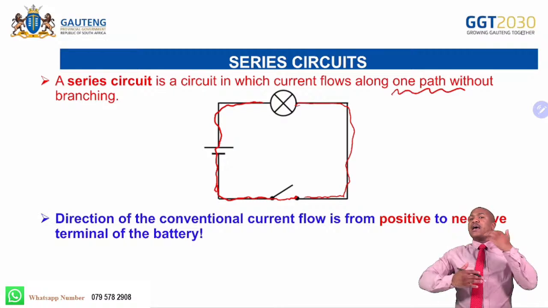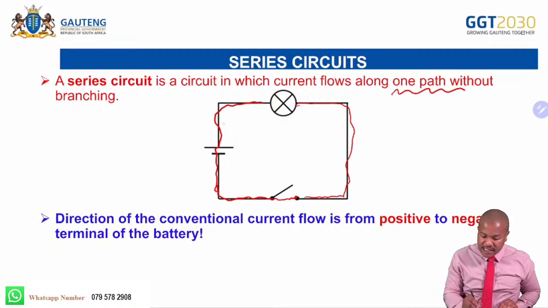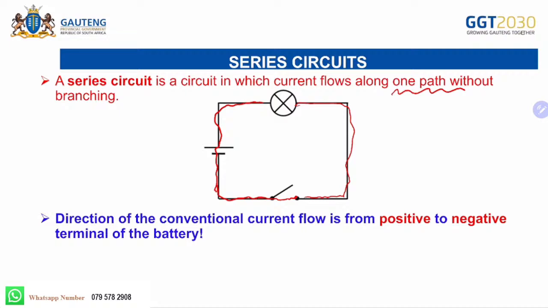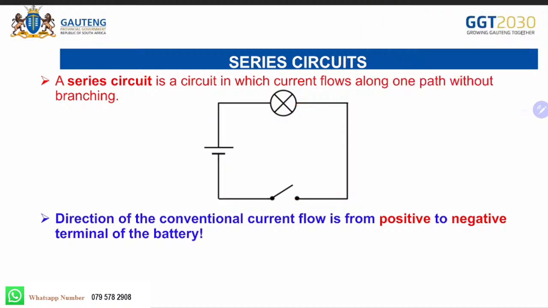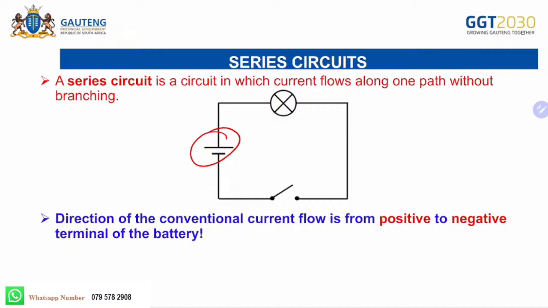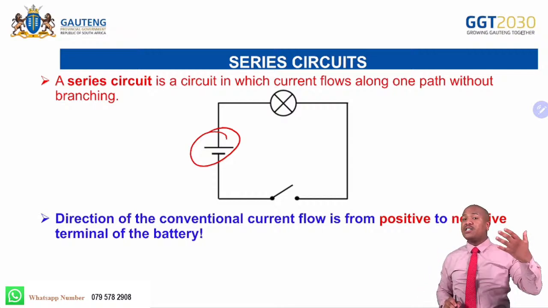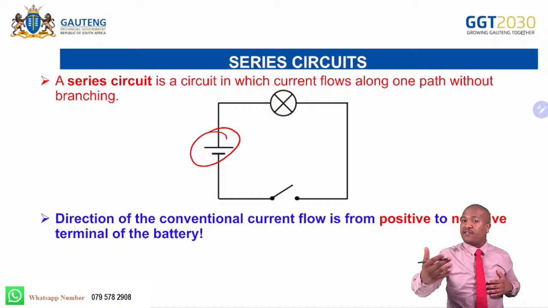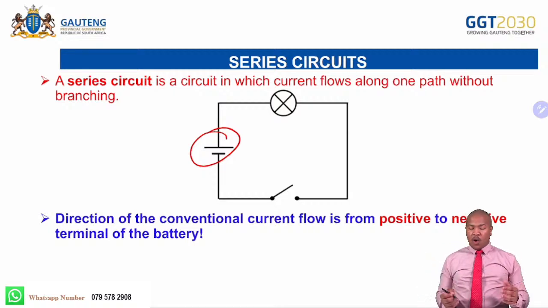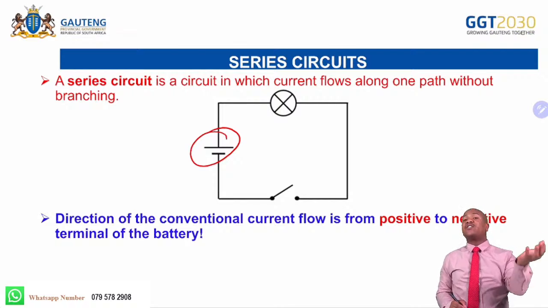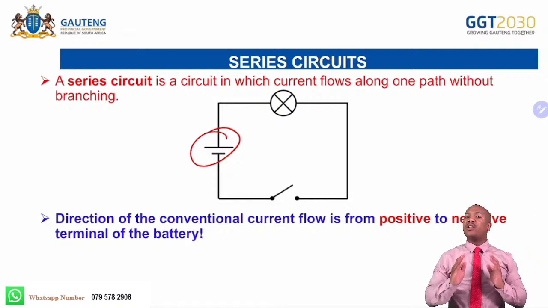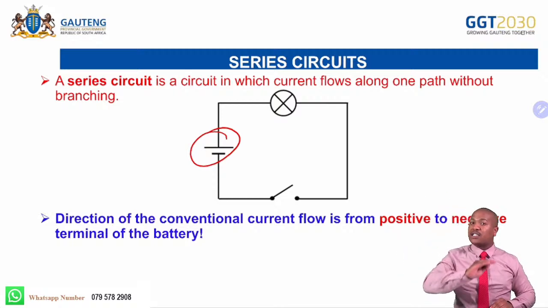So now, revising back to our lesson about components of a circuit, can you identify a battery here? Yes, the battery is this one. And we said that a battery has a positive terminal and a negative terminal. So conventional current flow is from the positive terminal to the negative terminal of the battery. But remember one thing, it is along a conductor, following one pathway.